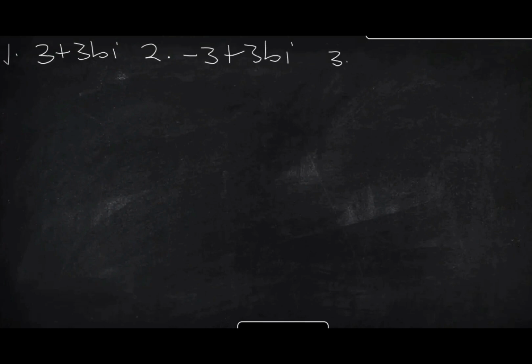Let's take this practical example. Our first example, we have 3 plus 3i. Our second example, minus 3 plus 3i. Our third example, negative 3 minus 3i. And we have 3 minus 3i.